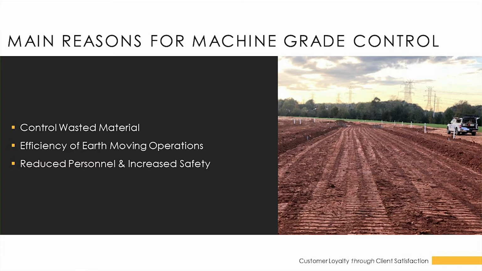This eliminates 2 or 3 personnel and several trips for staking by the survey crew. No personnel is basically needed on the ground around the earth moving equipment, and the operator has no need to be getting on and off the machine. Typically they do several times during the operations when you're stretching the strings.